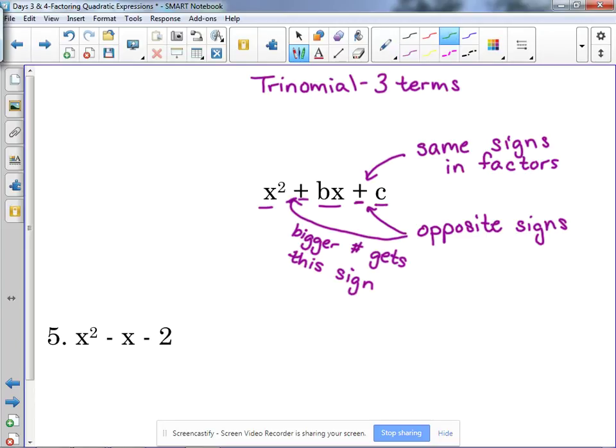When we're trying to figure out our numbers, remember they multiply to give us C, and they add to give you B. Okay, our factors multiply to give us the last number C, and they add to give us the middle number B. So that's just a little rundown reminder.